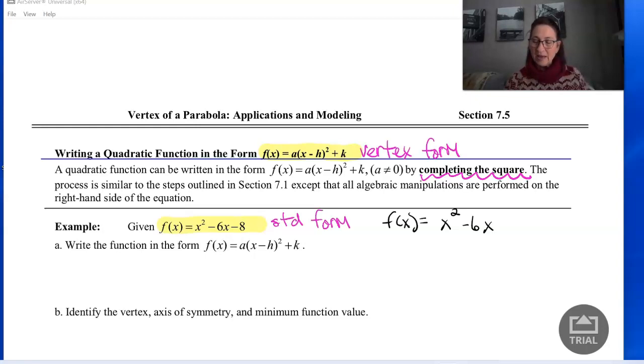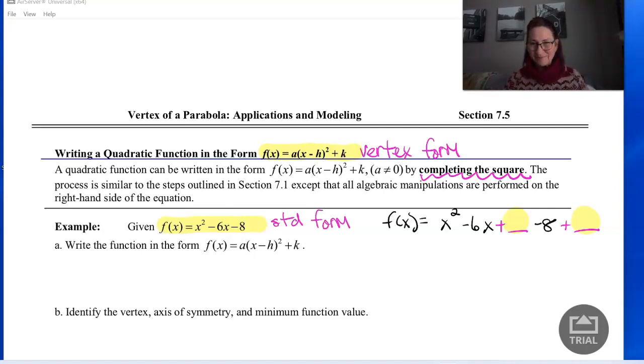Then I'm going to put a plus blank, continue on with my minus 8, but I'm going to put plus blank again. So I want to reiterate, I'm on the same side of my function, same side of the equal sign. So whatever I put into these two blanks, I can't change the value of my function. So really what I need to do is add something that equals 0.